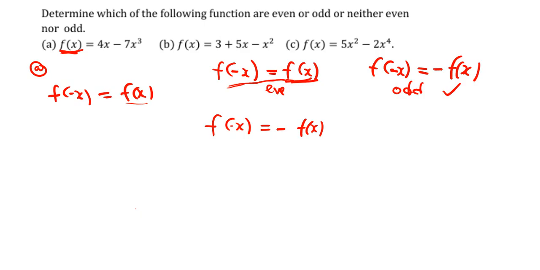Okay. So now what you are going to do is let us now try. So on this side, I'm going to put this one. So I know there the 4 will be negative 4, right? Because where there is x I'm putting negative x. Then that one will now be plus 7, because of these three, once you substituted negative x there, it will give negative as a result because it's odd.